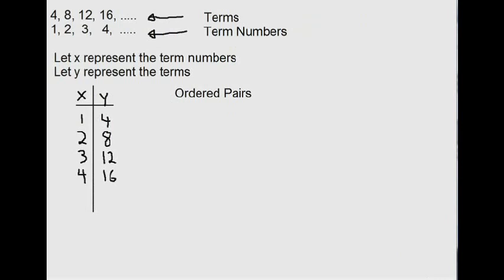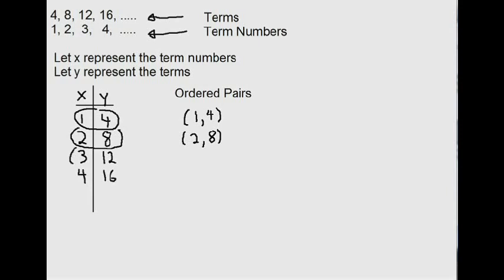So the x values that go with the y values in brackets with a comma in between them. So our first set is our x value is 1. So in our ordered pair in brackets, first we put 1 and our y value is 4. Our next set of values, well, the second term in this number pattern is 8. So x is 2 and y is 8.